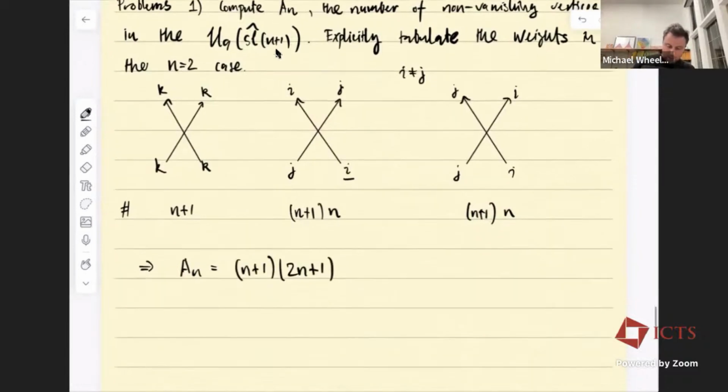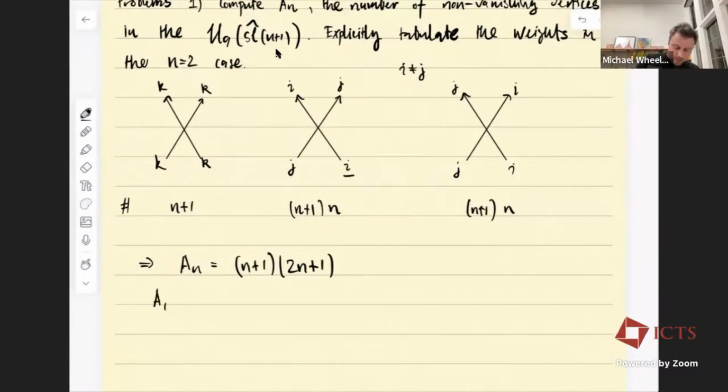And if you go ahead and work these out, indeed a_1 is 6, just being the 6 vertex model. a_2, which is the case we're interested in, is 15. And then the next one is 28, and so on.